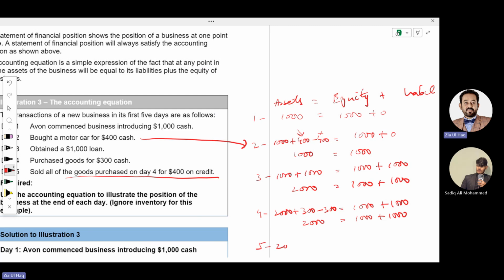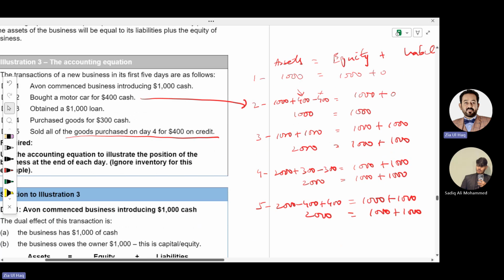This means goods are going, and if he's selling on credit, there will be a receivable of 400. The other side will remain the same. So balance will be 2,000 is equal to 1,000 plus 1,000.